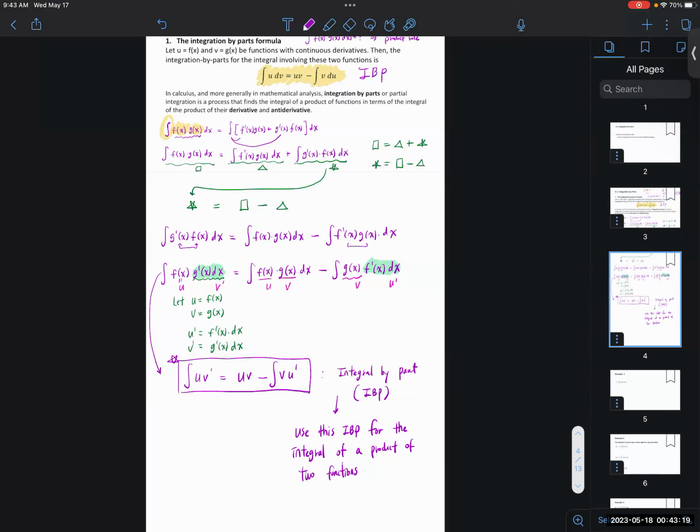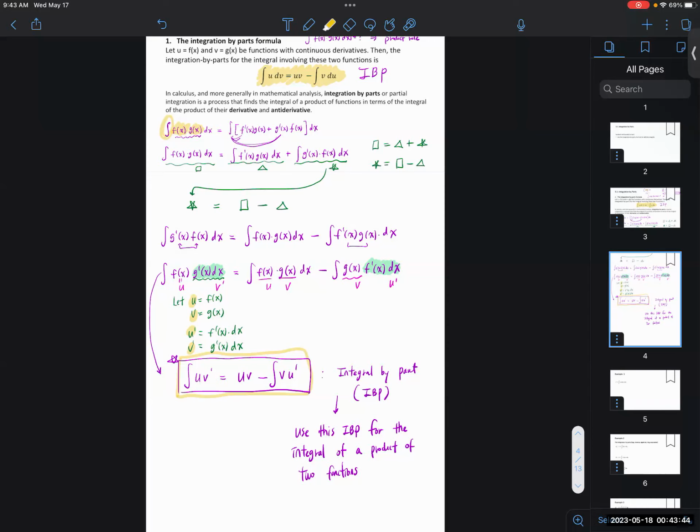Separating and using the product looks really complicated. So you're just going to use this formula as long as you can find u, v, u prime, v prime. The IBP method is going to help you find the integral of a product of two functions.